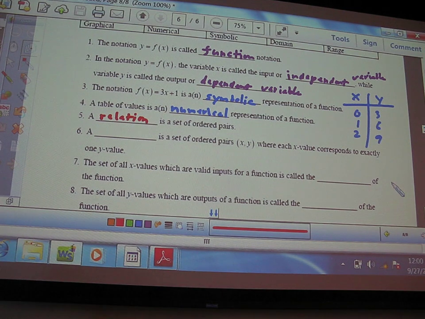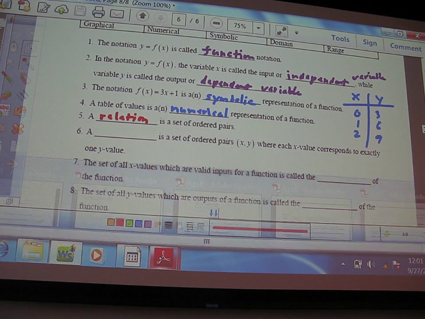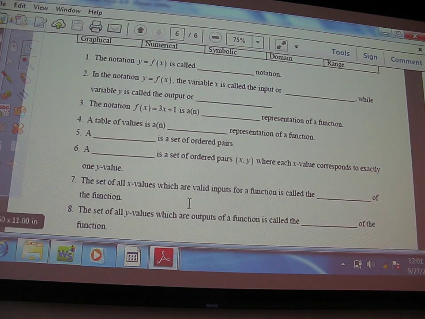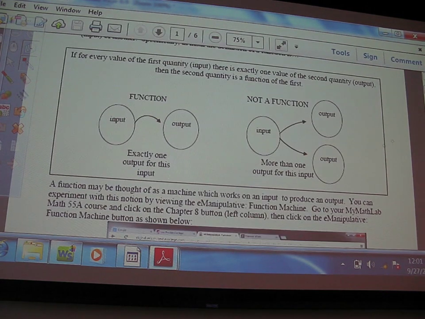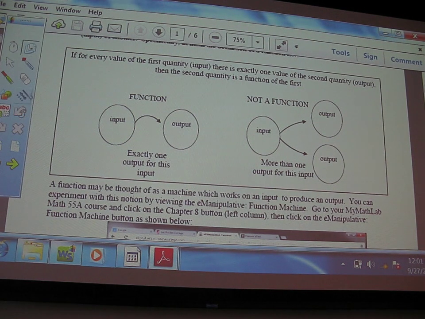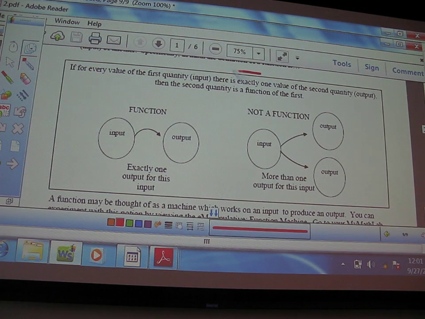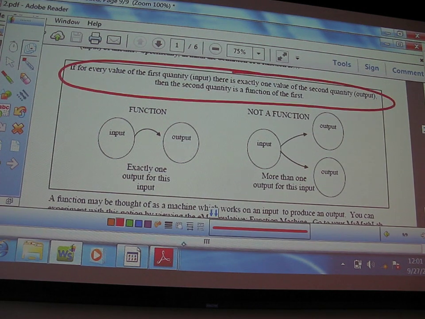Function. So read the very first page. Everyone flip to the very front page of this handout. Okay. Function. Yeah. You guys remember that part? If for every value of the first quantity, the input, there's exactly one value of the second quantity, the output.